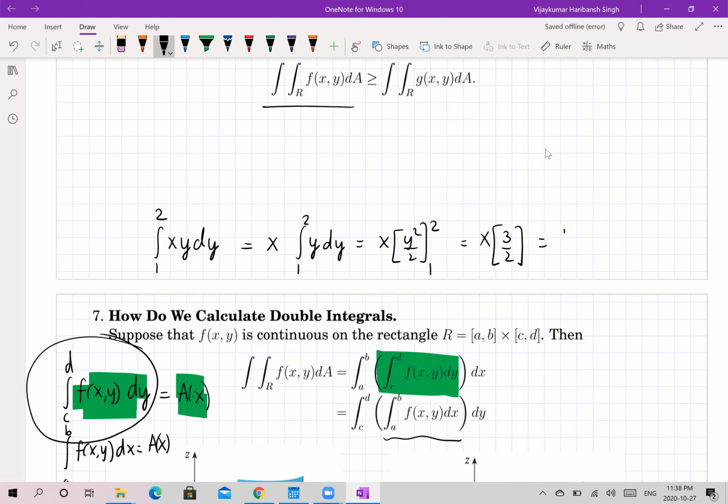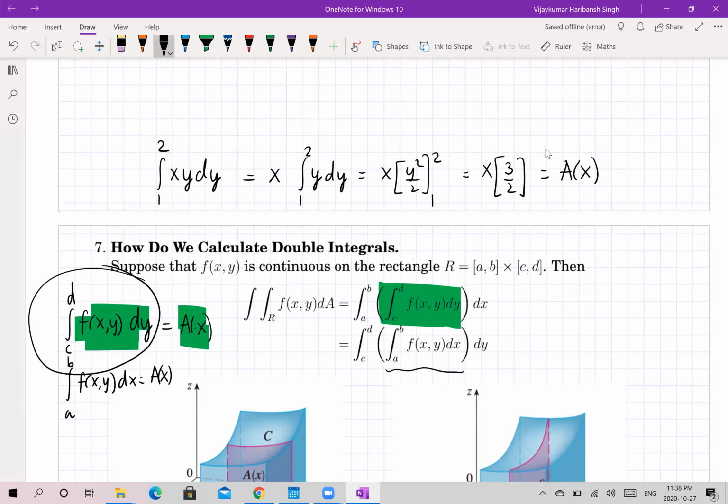And now if you look at this, this is actually a function of x, right? So it makes sense to call this A(x). So we take the integral from c to d of f(x,y) dy, that is A(x). Again, here x is treated as constant.